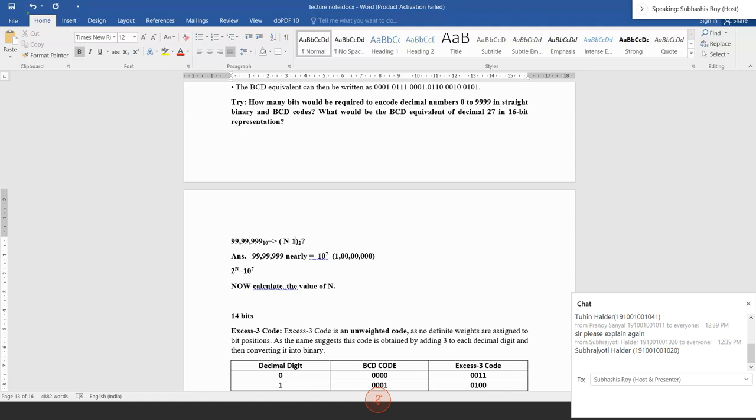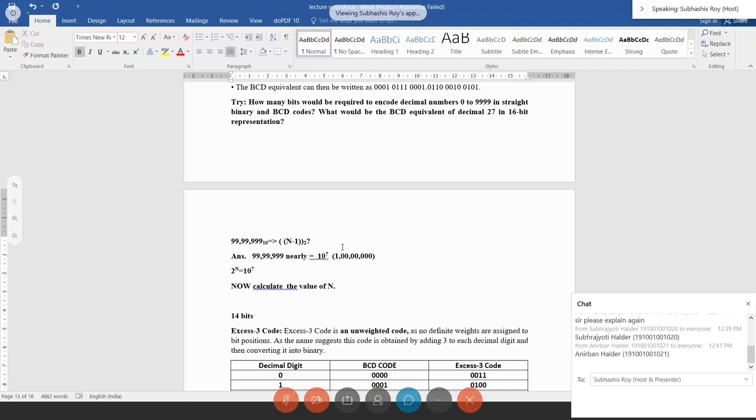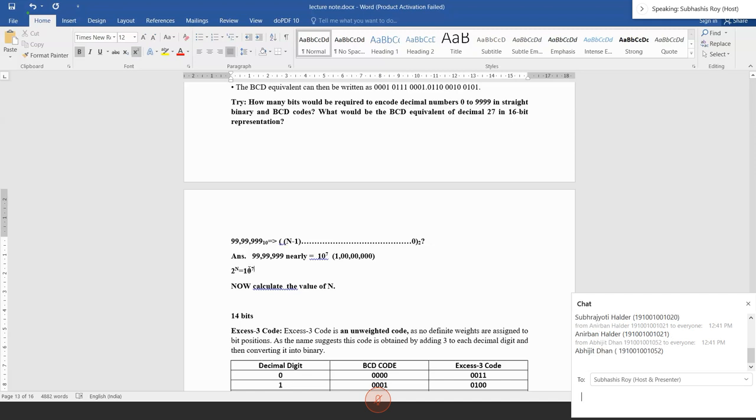The bit positions start from n minus 1 down to 0. If you have 16 bits, that means positions 0 to 15. So 2 to the power n equals 10 to the power 7.